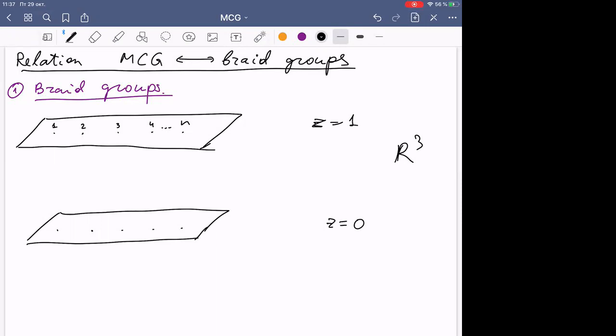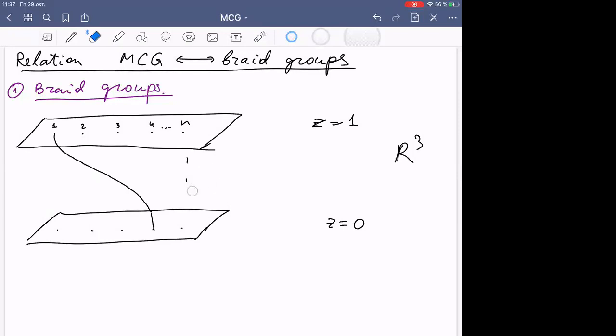And now we have descending strands. Each strand always goes down, so it is not allowed to do things like that.